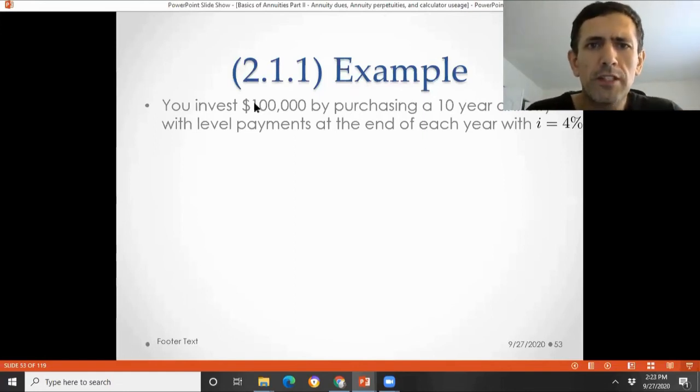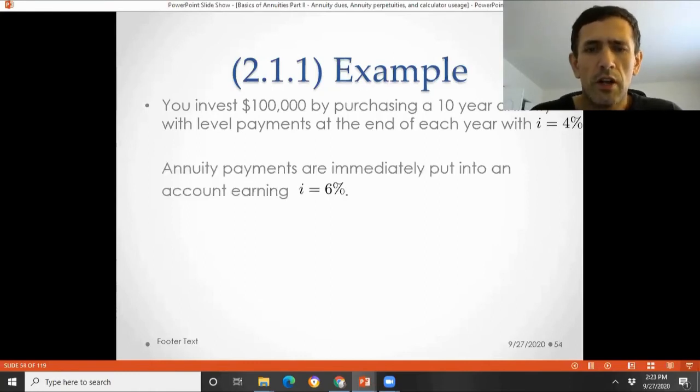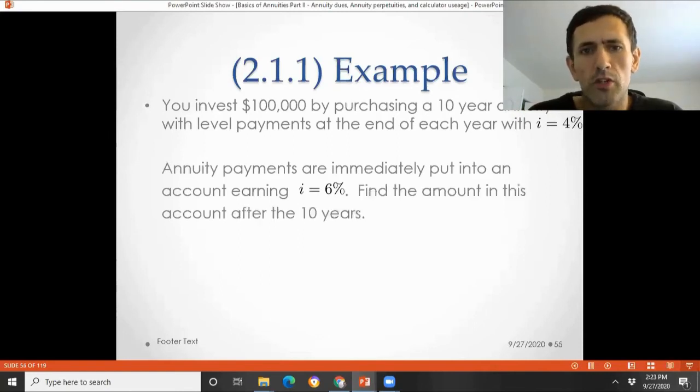So you invest $100,000 by purchasing a 10-year annuity with level payments at the end of each year with i equals 4% effective annual interest. So this is just an annuity immediate situation. So you find a nice investment to invest these payments into, and that account earns 6% effective annual interest.